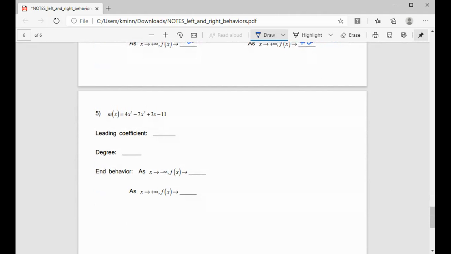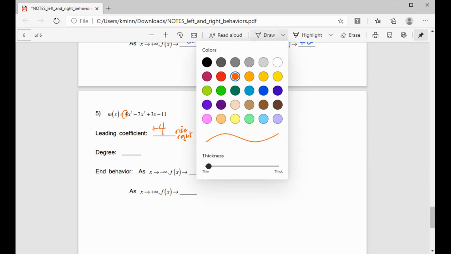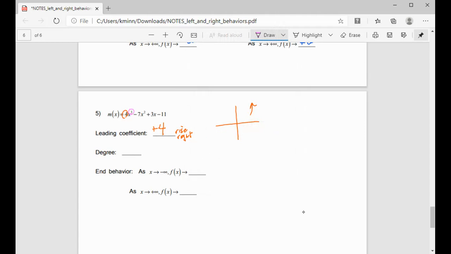And last but not least, we have one more. In this one, we have a lead coefficient of 4, which is positive. So therefore, we are going to rise on the right. It's positive. We're going to go up on the right. The positive slope increases. Our degree value is 3, and this is odd.